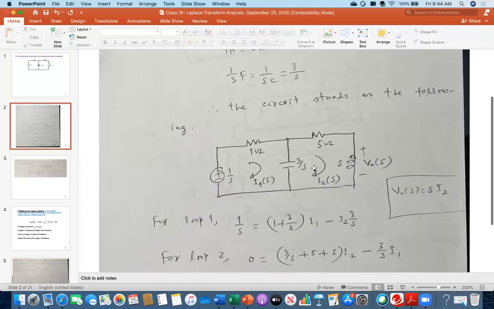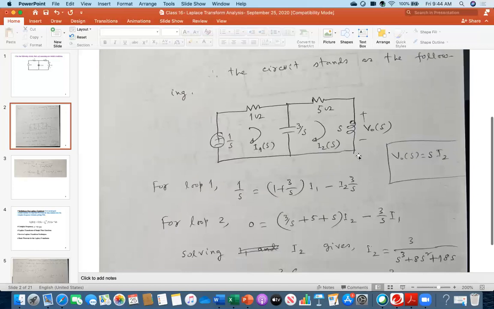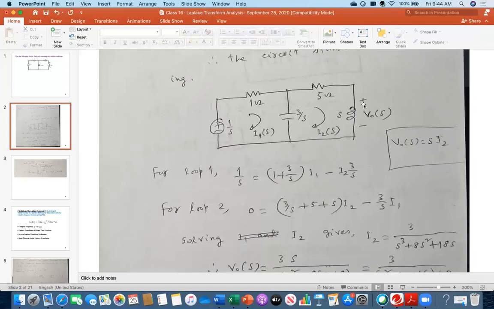Okay, then everybody see, because your goal is to find the voltage across this component, you have to find V naught. So you must know the current flowing. That's why you see, I have considered for this loop I1 is clockwise, and for this one I2 is in the clockwise direction. I am using the loop equation method.